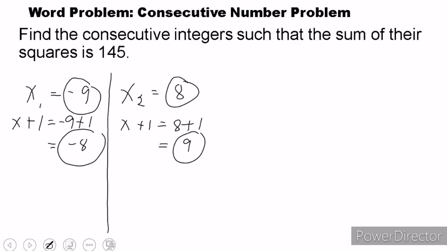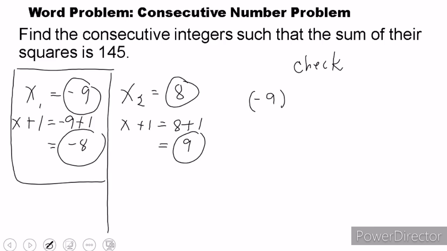So, para ma-check natin kung tama yung sagot natin, i-substitute natin. Sabi natin kanina, yung dalawang number daw, kapag kinuha natin yung square at pinag-add natin, dapat ang magiging sagot niya ay 145. So, yung una nating number ay negative 9. Check natin tong part na to. So, we have negative 9 squared.